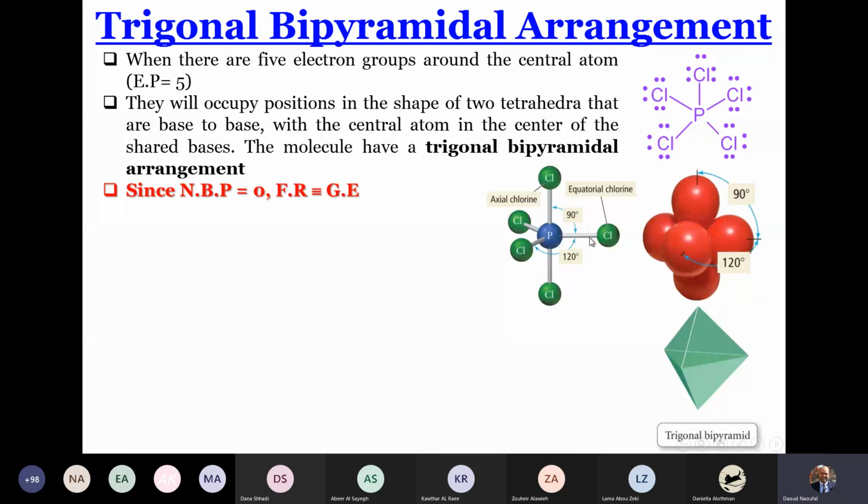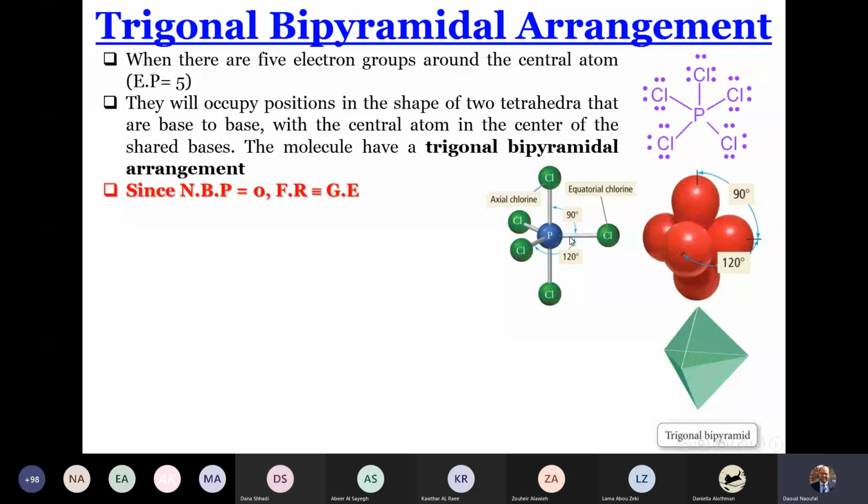We have 3 outer atoms in the plane, and we have 2 other Cl perpendicular to the plane. The Cl in the plane are called the equatorial chlorine, or the equatorial outer atoms, and the Cl perpendicular to the plane are called the axial outer atoms. So we have 2 types of angles.